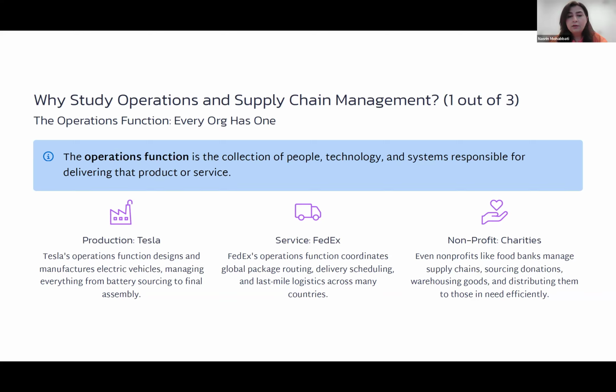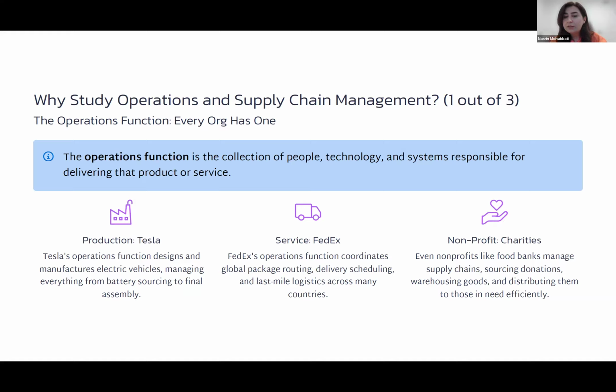FedEx has a lot of different operations in terms of transportation, distribution, warehousing, and offers different kinds of services to businesses and individuals. Even nonprofits have operations and supply chain management.